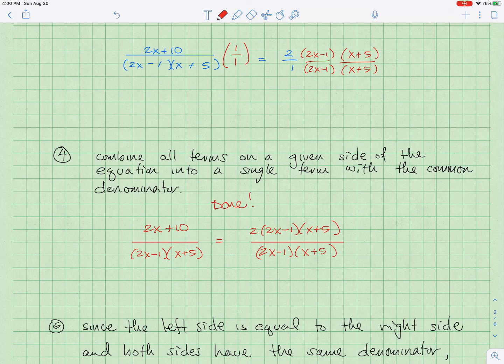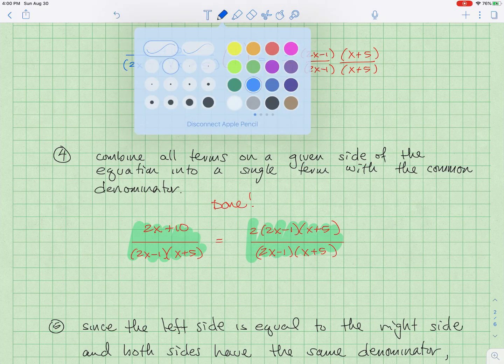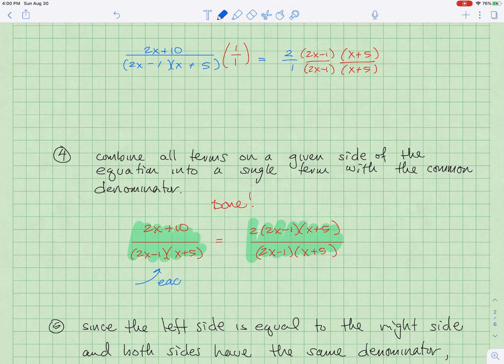So what do we have? Well, each side already consists of a single term, so this step is skipped in this example. All right.